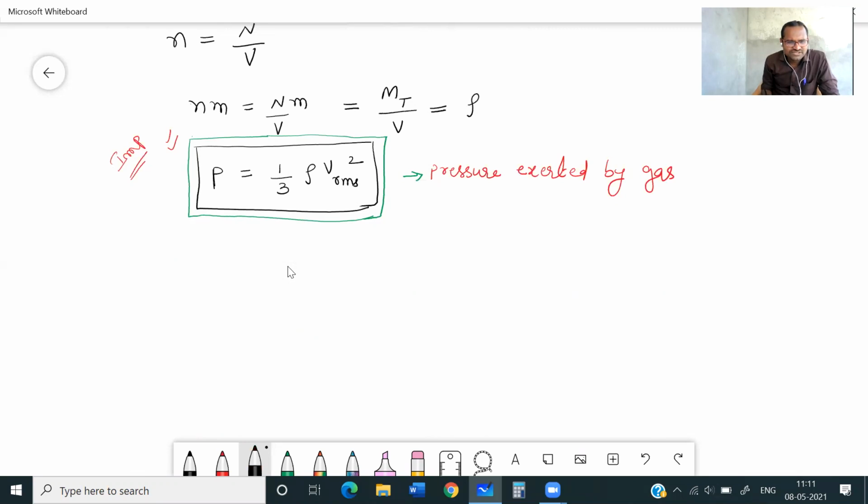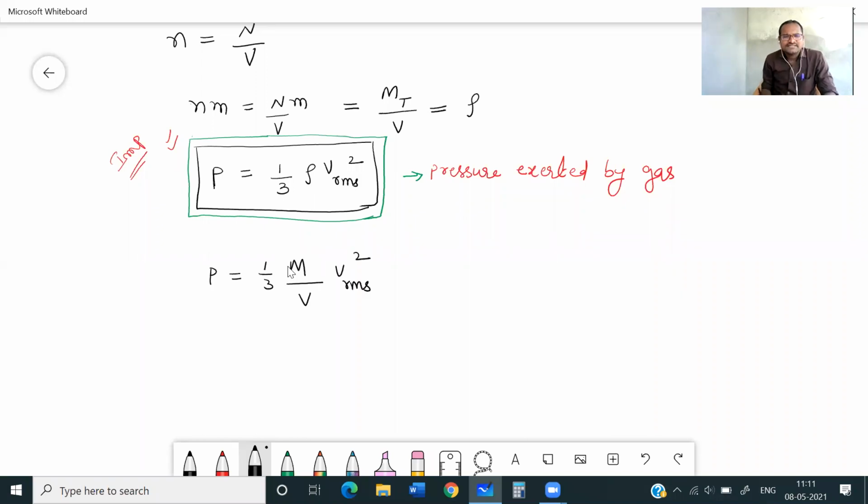In this equation, I am multiplying and dividing, in the place of rho, I'll write the value. P is equal to 1 by 3 mass of the gas upon volume into Vrms square. Can we write? Yes, we can write.